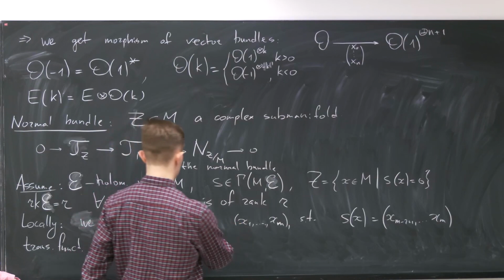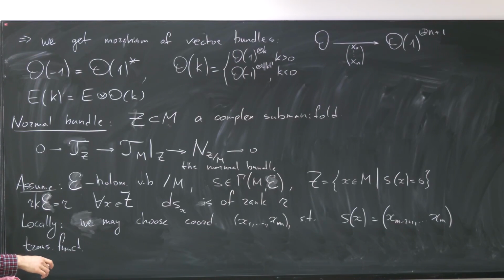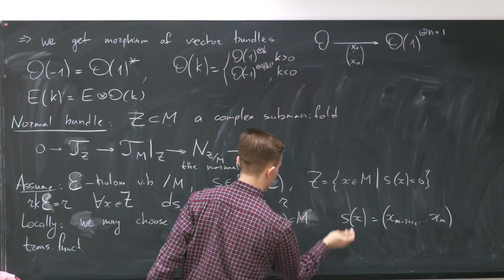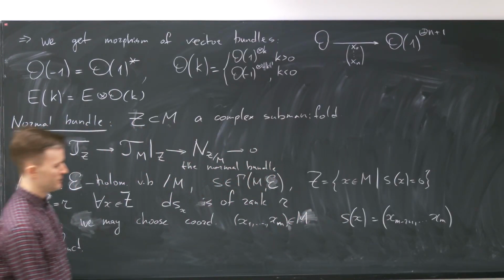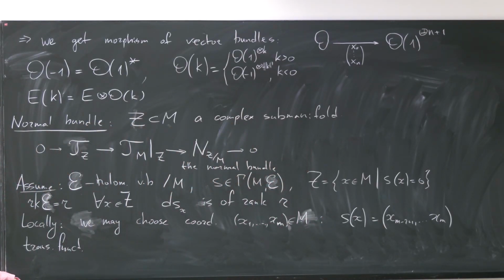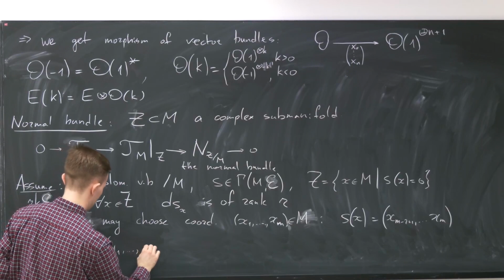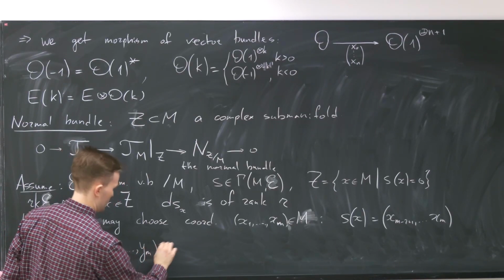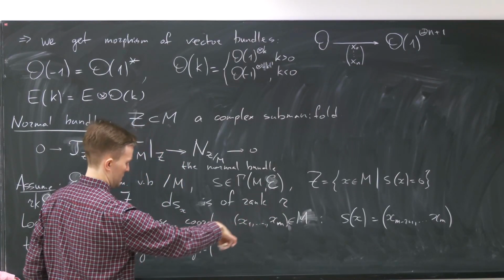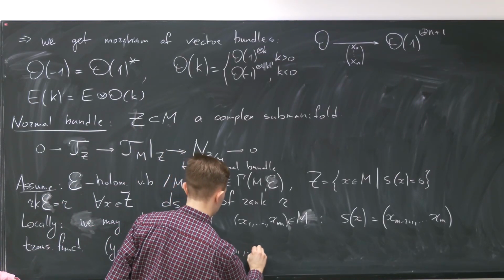Around this point X. Okay, so on M. Yes, coordinates in M. So that's a point in M. So if we have some other coordinates, for example, y1 and so on, ym, also such that the section in these coordinates is given by the last ones, y_{m-r+1} and so on, ym.